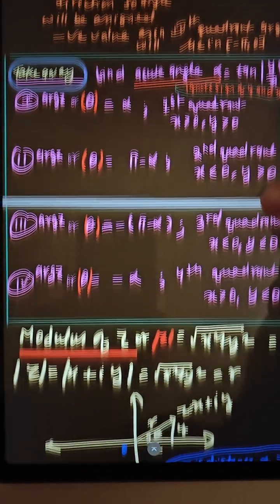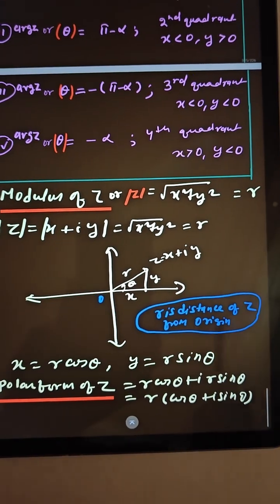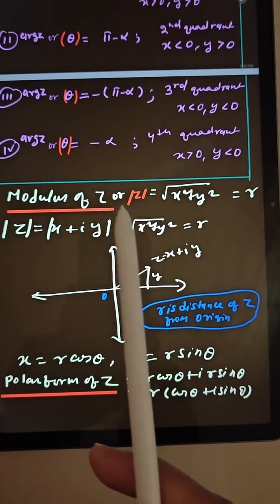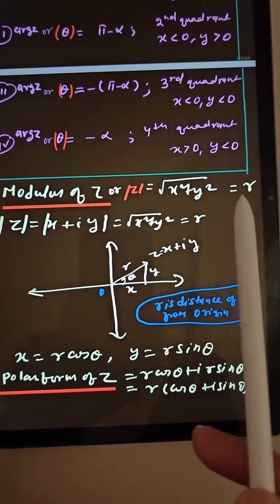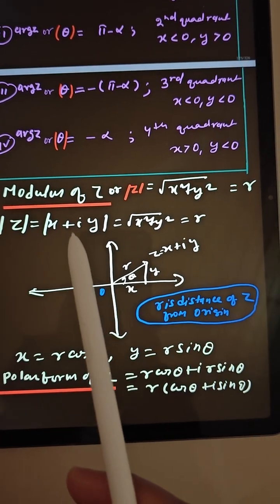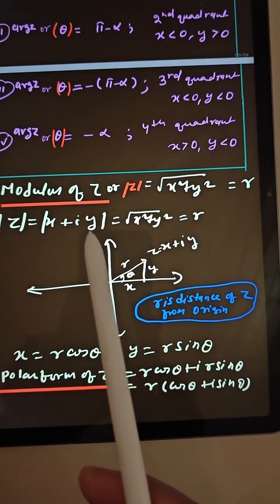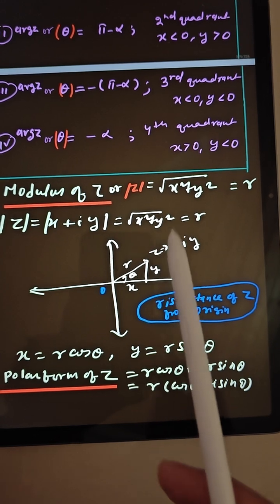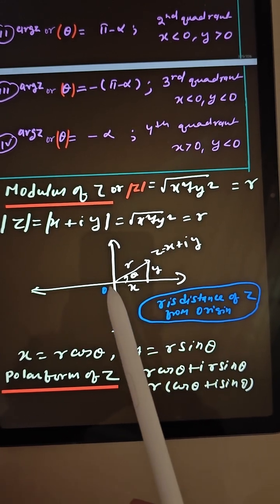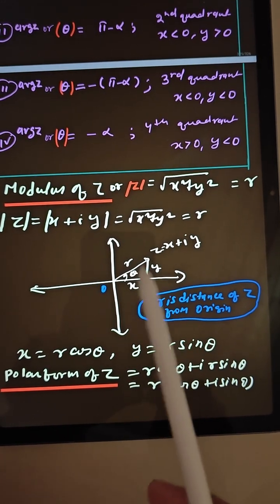Now come to one more important point regarding complex numbers, which is the modulus of z, that is mod z. It is root of x squared plus y squared, equal to r. You know that z is x + iy, so r is nothing but the square root of x squared plus y squared, and r is the distance of this point z from the origin.